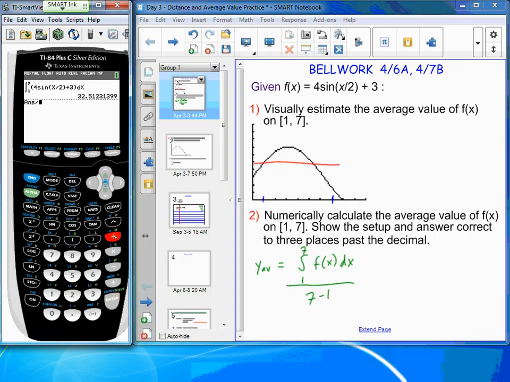Divided by the length of my interval, 7 minus 1 is 6. Looks like I'm getting 5.419, correct to 3 places.